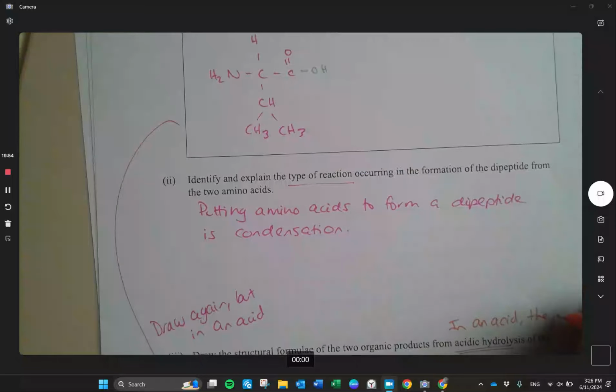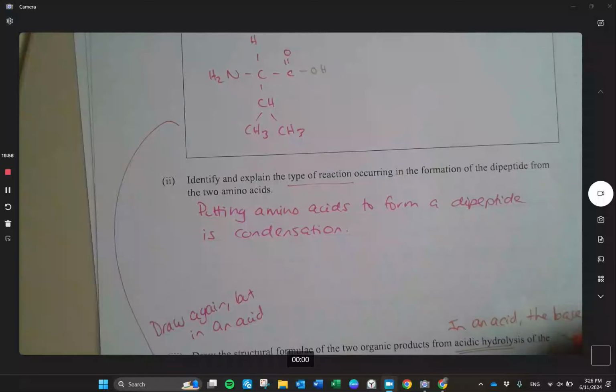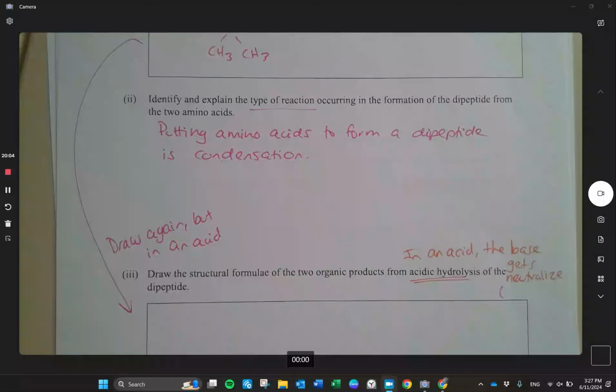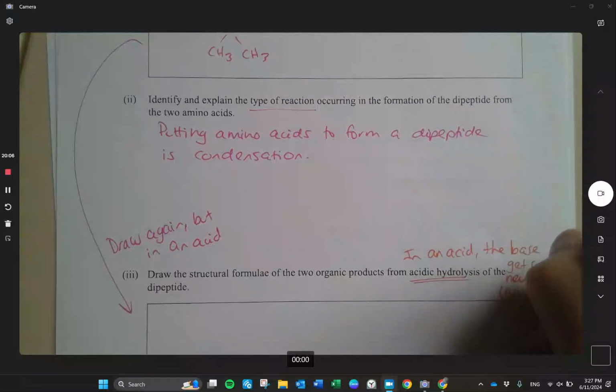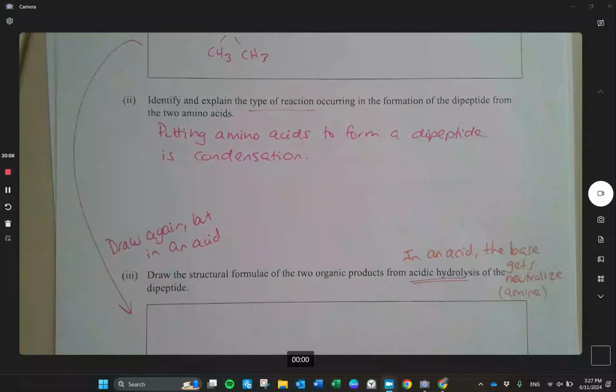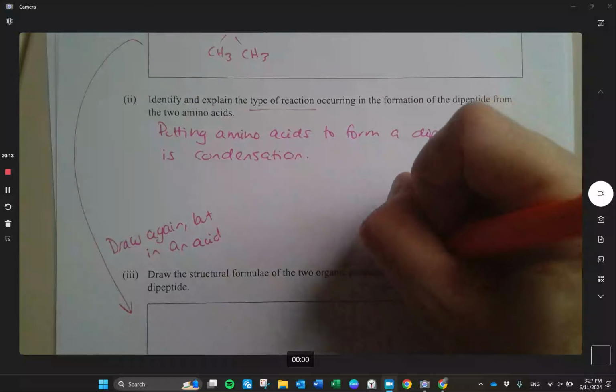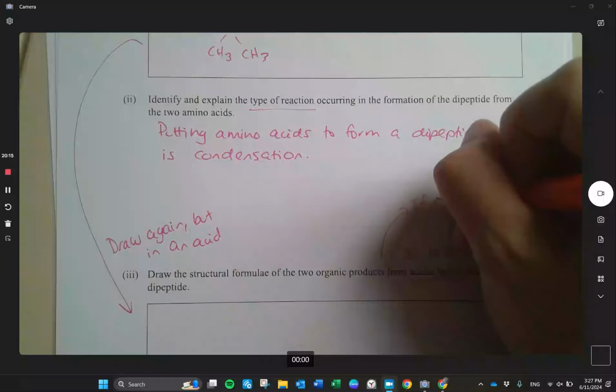All right? And then if it was in a base, that's going to be your carboxylic acid.